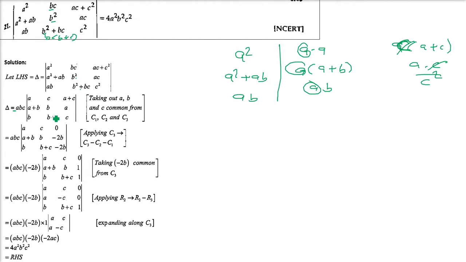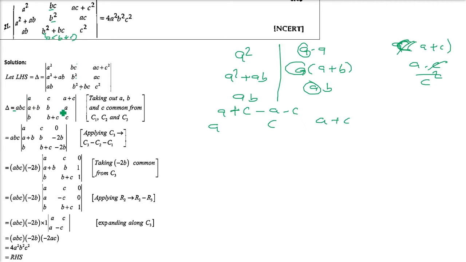Okay. Now let us do something so that it becomes easier. Now you see, this is the first row I'm saying. If we just take a plus c and subtract a and c from there, that is C3, if we change such that C3 minus C2 minus C1, we'll get a 0.